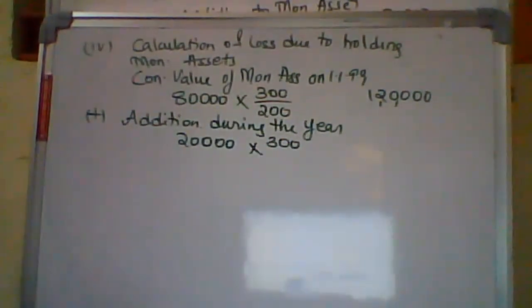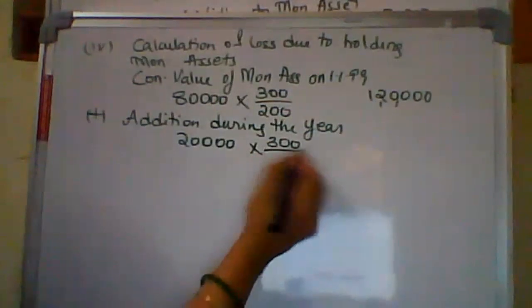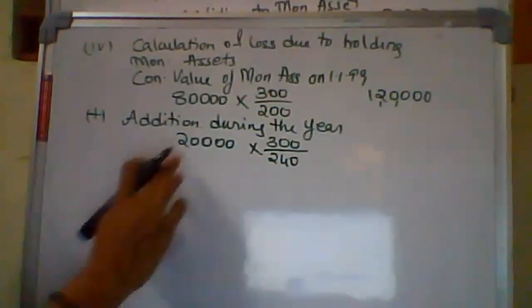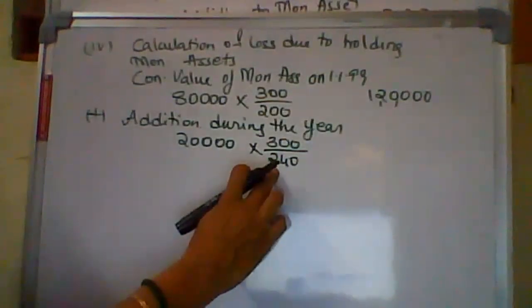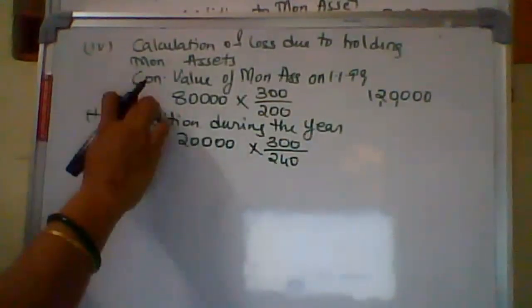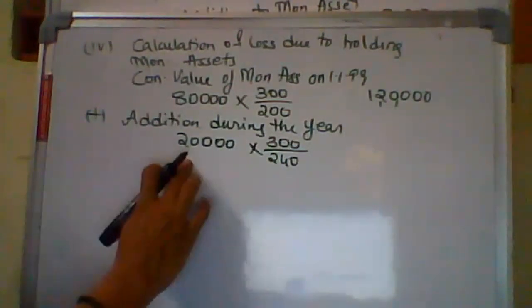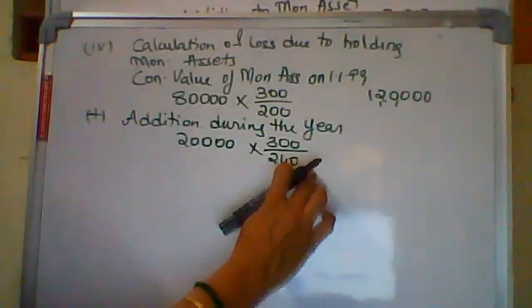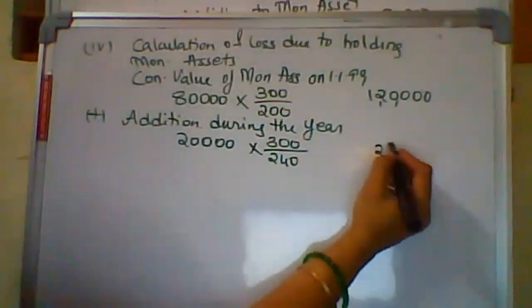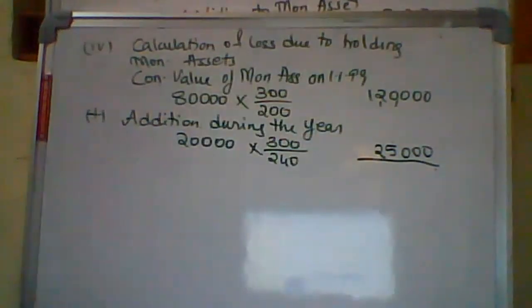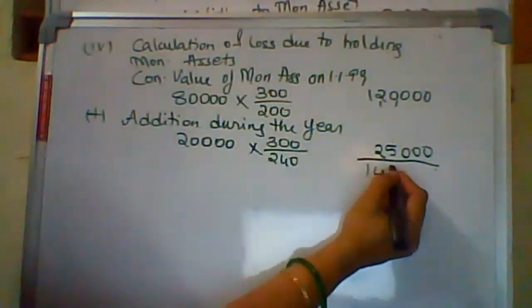I might have made it in the beginning of the year, in the end of the year, anything. So I should not take opening price index, I should take average price index. So additions will always go on average price index and opening will always go on opening price index. So 20,000 into 300 by 240, I would get 25,000 as my value.